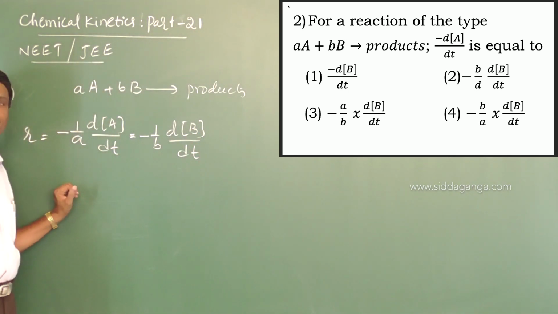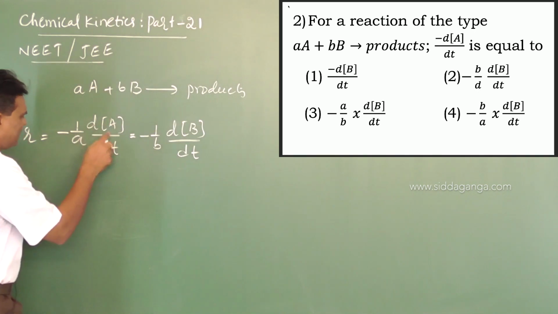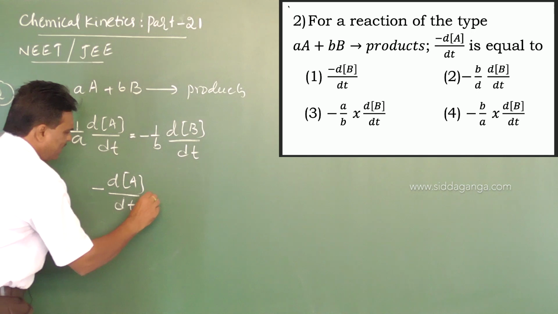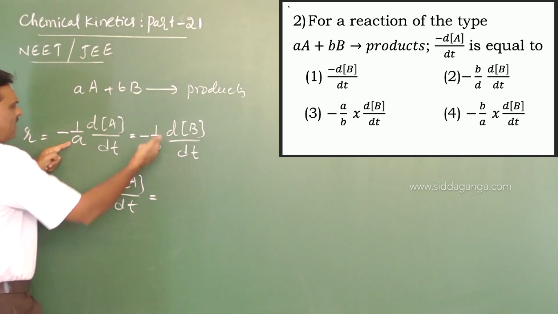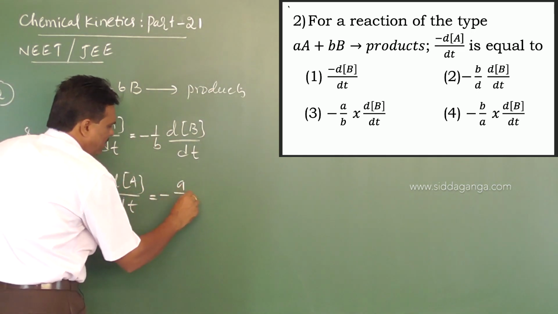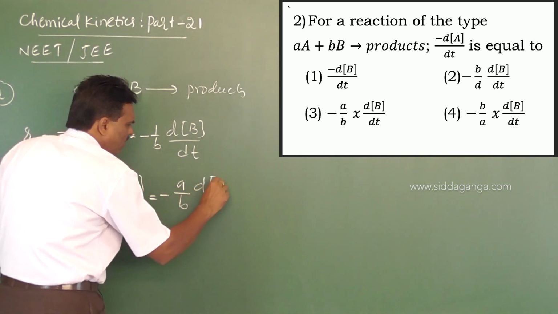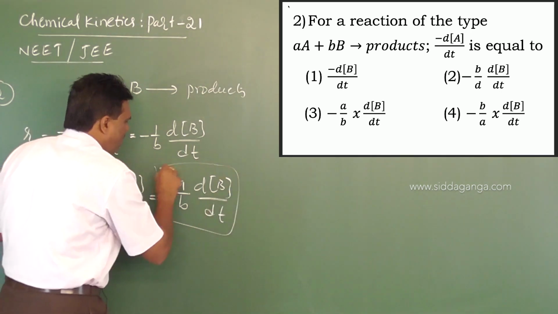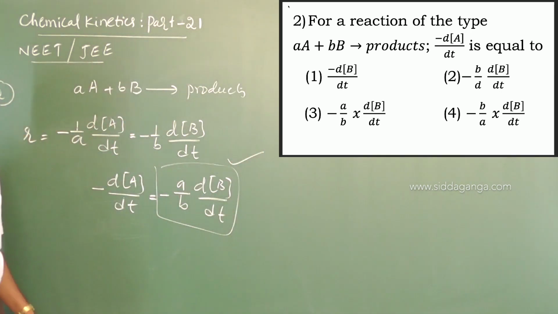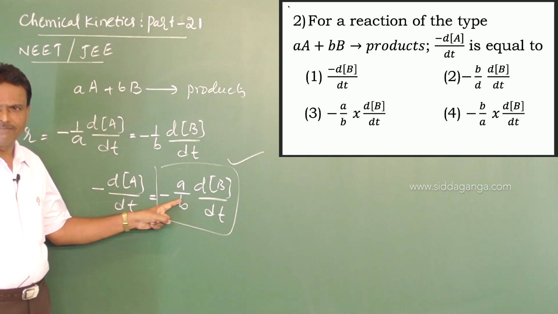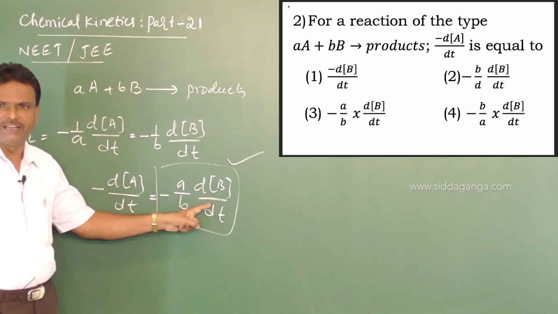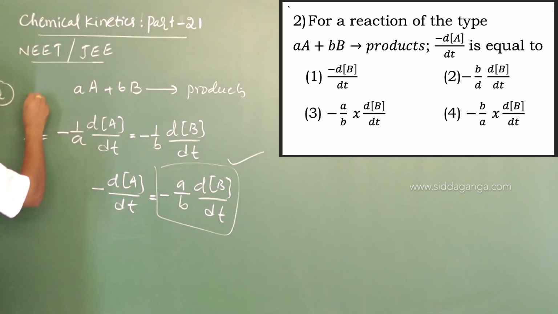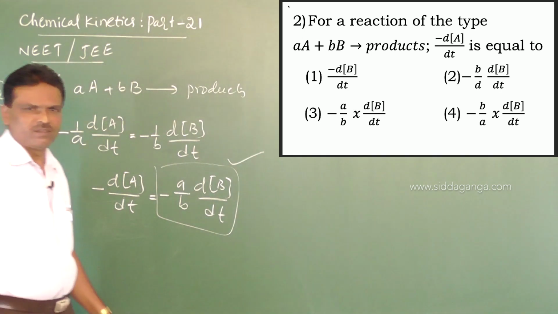So this is your answer. So minus a by b into dB by dt. So option 3 is the right option. So third option is right.